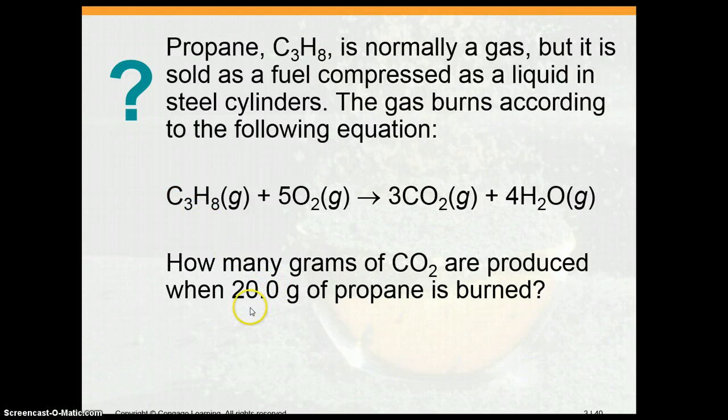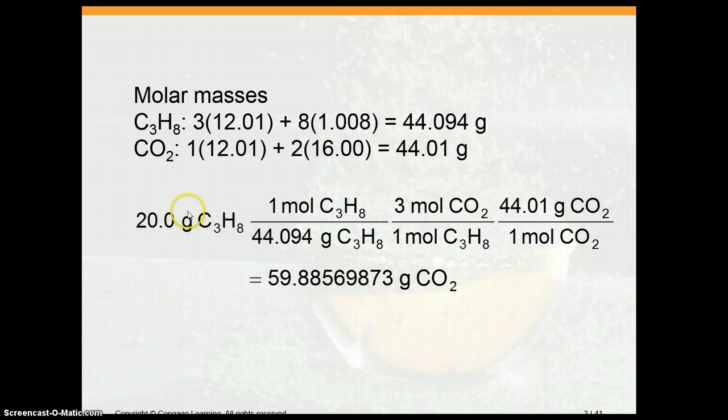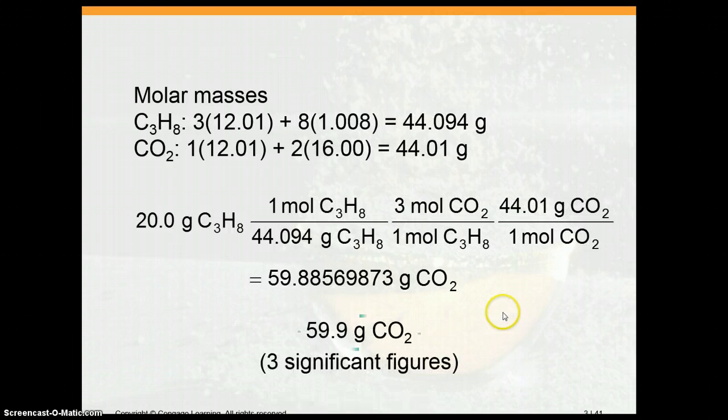I have to determine what amount of moles I have so I can use that relationship. I convert 20 grams to moles in this first step, and then I multiply by the coefficient of CO2, and I divide by the coefficient of propane, and then I multiply that by the mass of CO2. And if you look at all the units, everything cancels except grams of CO2.